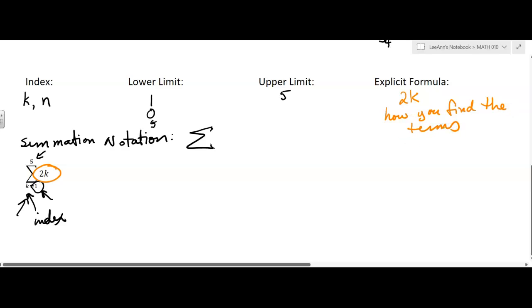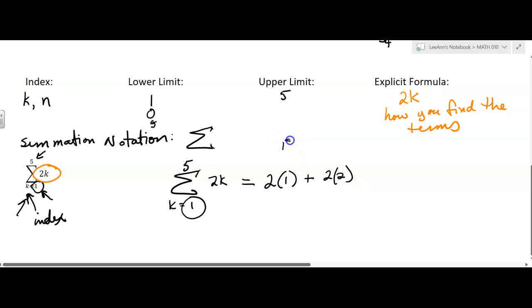Okay, so our sigma notation here says we're going to add, it's a summation. We're going from k equals 1 to 5. And the generator, or the explicit formula, is 2k. So to find the first term, you start at 1 for k, so 2 times 1. Then you go to 2, 2 times 2.